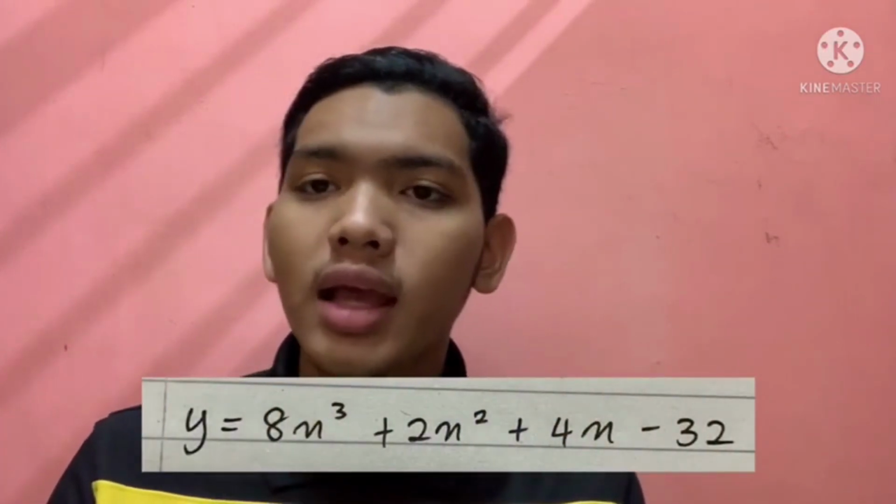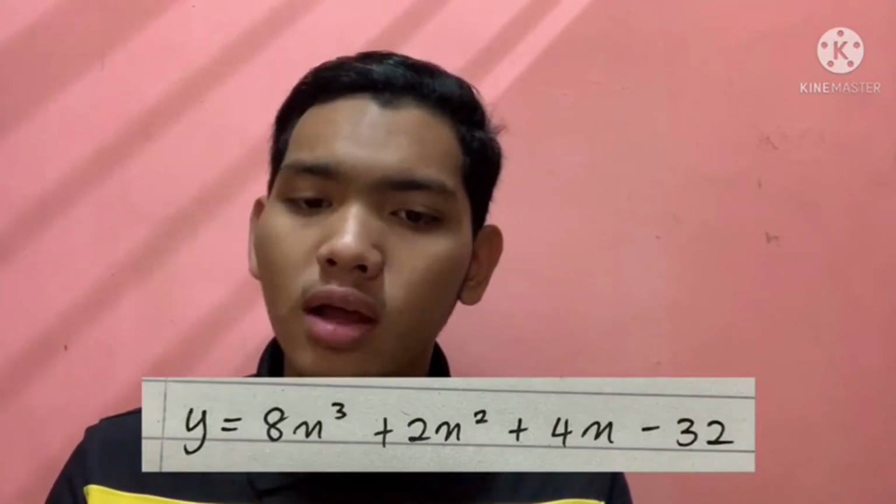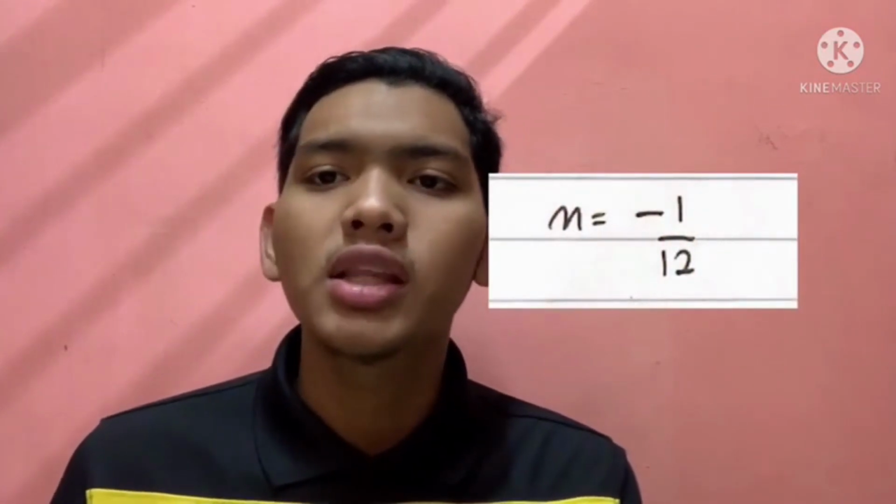How to find the y value? You must take the first equation, 8x cubed plus 2x squared plus 4x minus 32, and let x be negative 1 over 12.